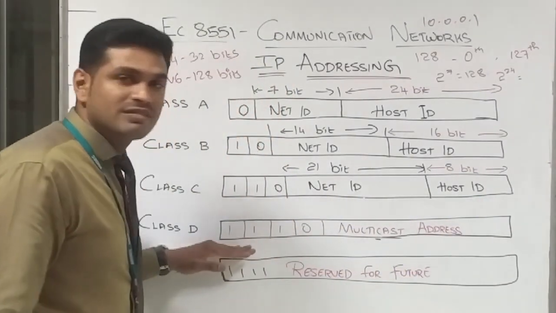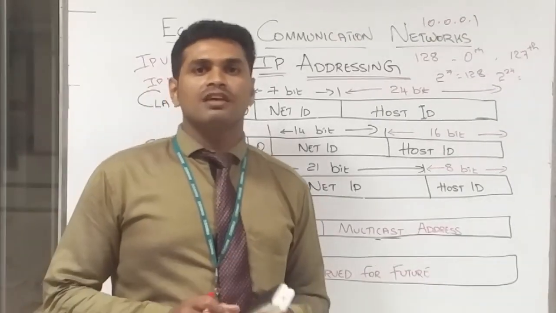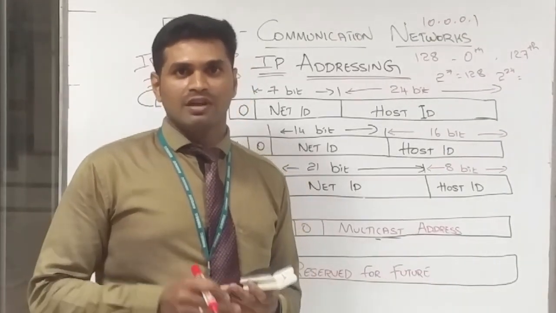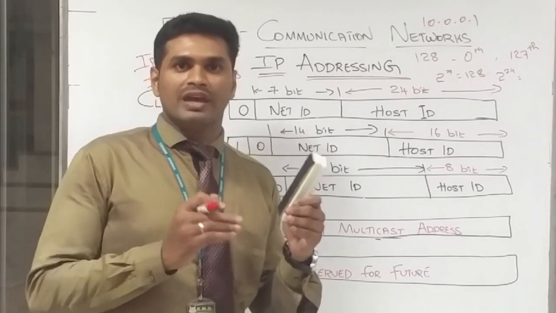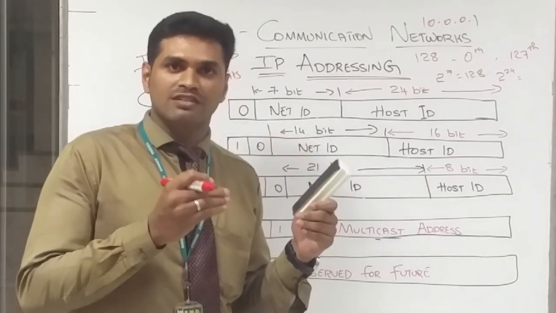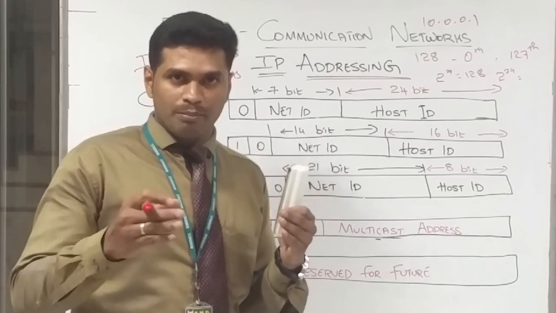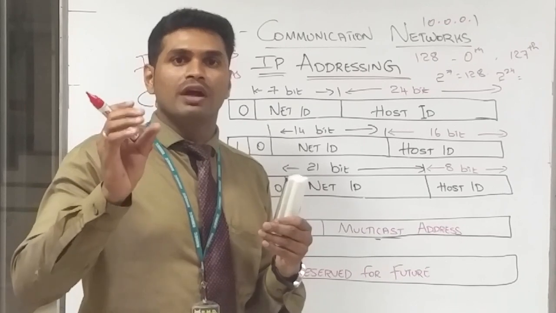Then we go to class D. Let us see the class D addressing scheme. Class D is used for multicasting purposes, where multicasting is when you have one source that generates the data, and the data is transmitted to different host computers connected in the internet who belong to a group.